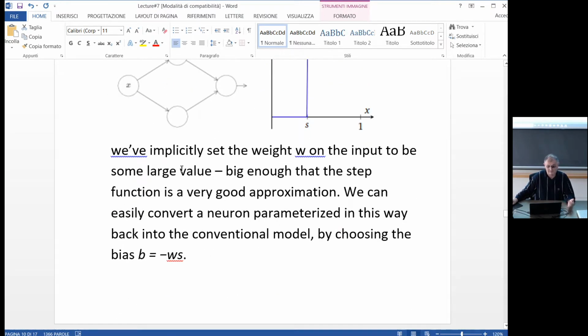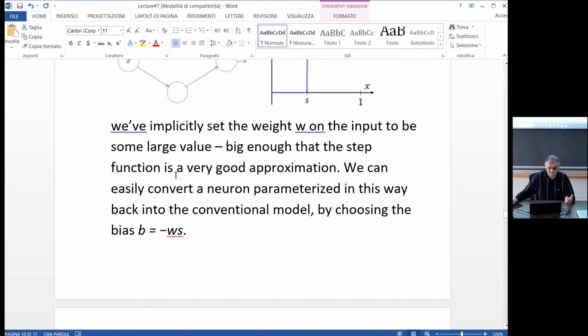So we have implicitly set the weight W on the input to be some large value, big enough that the step function is a very good approximation. Really, it should be about 1000. Unfortunately, the weight should be very big to have jump elements.